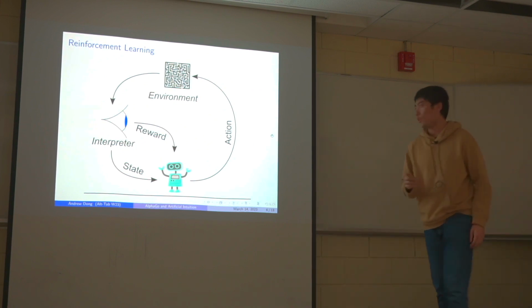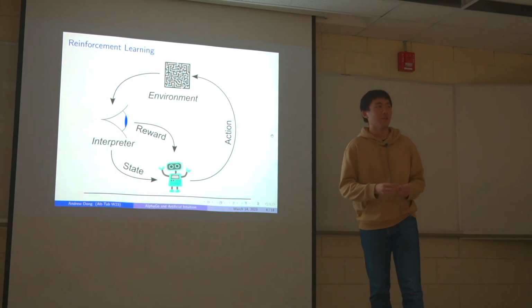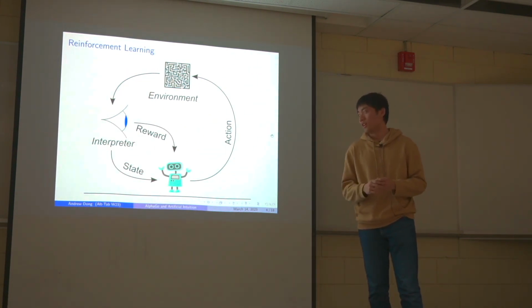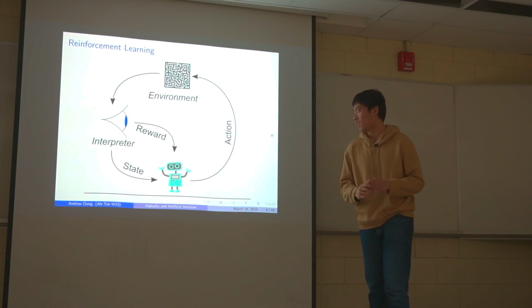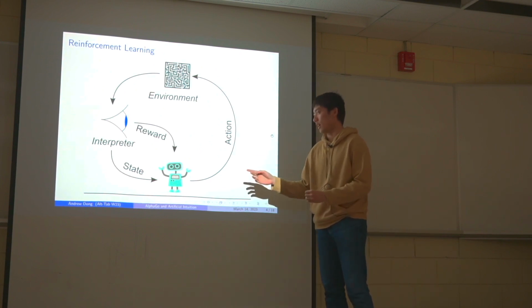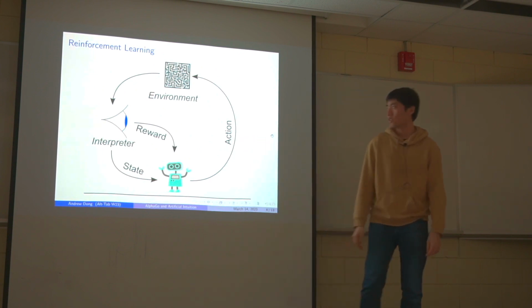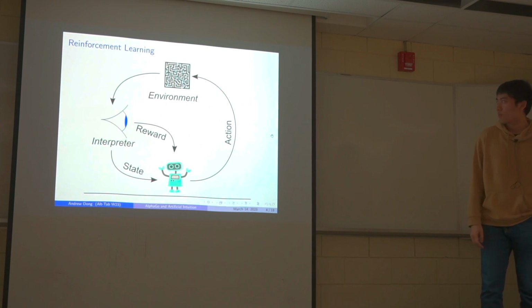One thing you might notice is this is very similar to how a baby might learn. If this robot were like a baby, the interpreter is kind of like its parent.